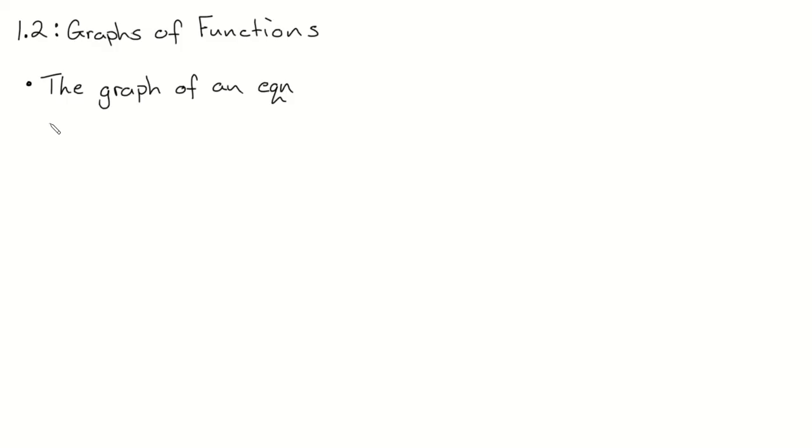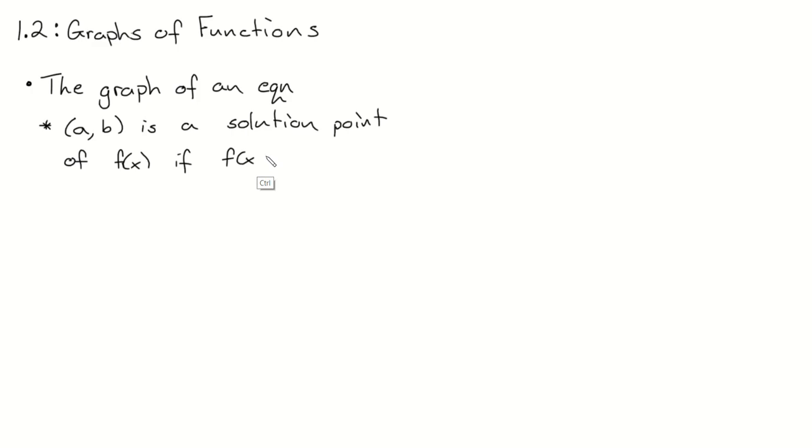So we're just going to make a few little statements. We're going to make one introductory statement about the graph, and we're going to say the following. The ordered pair (a, b) is a solution point of an equation f of x if f of a equals b.